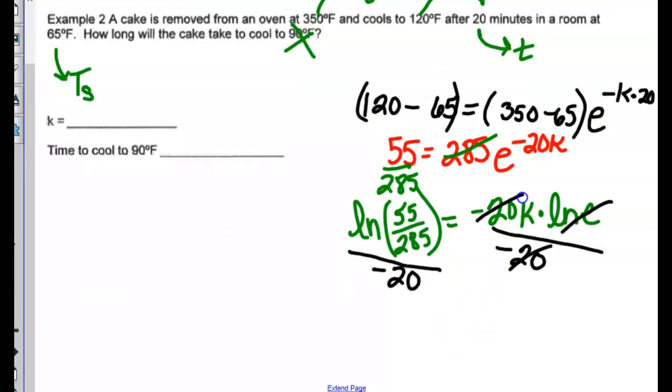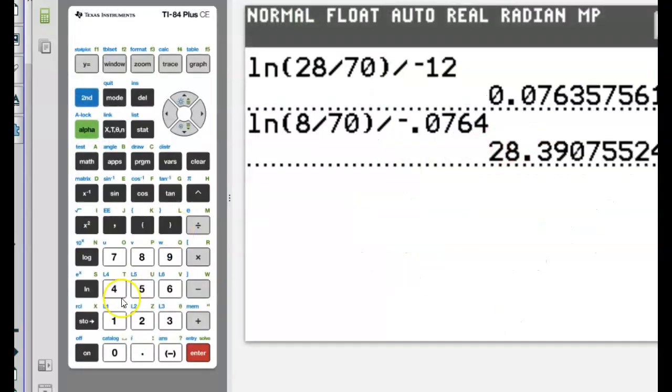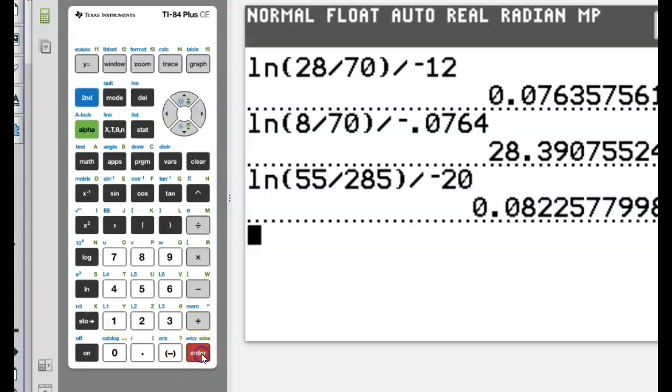So over here, ln of e is 1, we're left with k. Was it 20 the time? 0.0823, anybody?